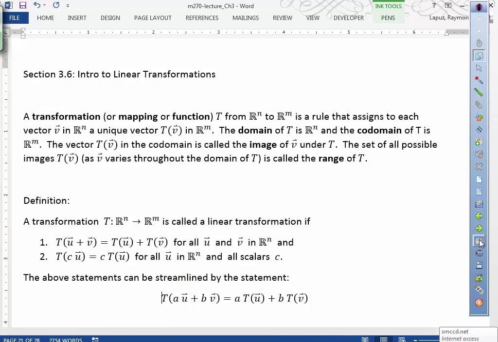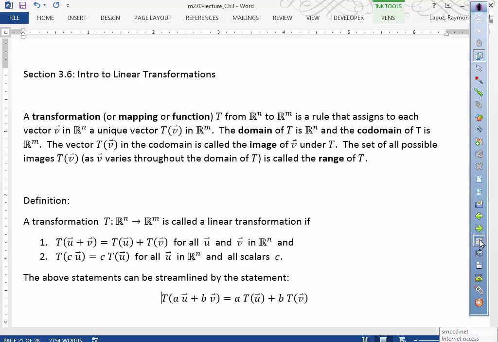Linear transformations are like functions. You know how functions are, right? You learned that in pre-calculus or whatever. So we have y is equal to f of x, or f of x is equal to x squared. You take a number and you do something to that number and you get an output.